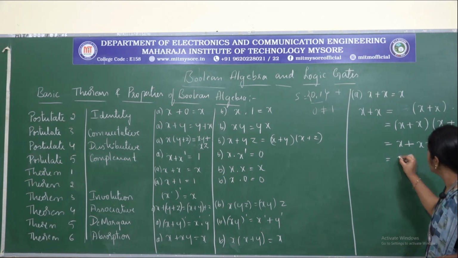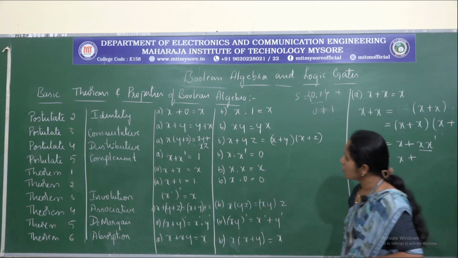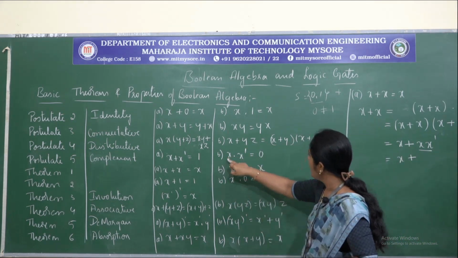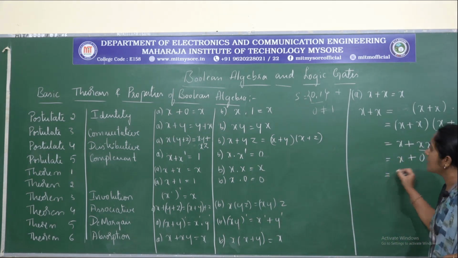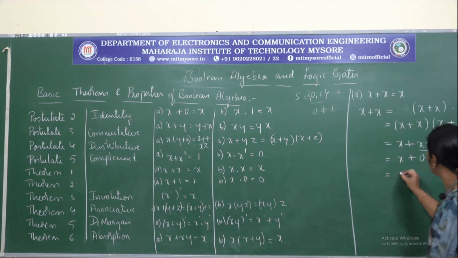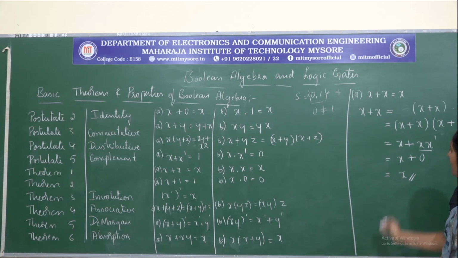Therefore this can be written as x plus x into x dash. If you look into the table, x into x dash is equal to 0, and x plus 0 is nothing but x. So with the aid of the postulates, we can prove that x plus x is equal to x.